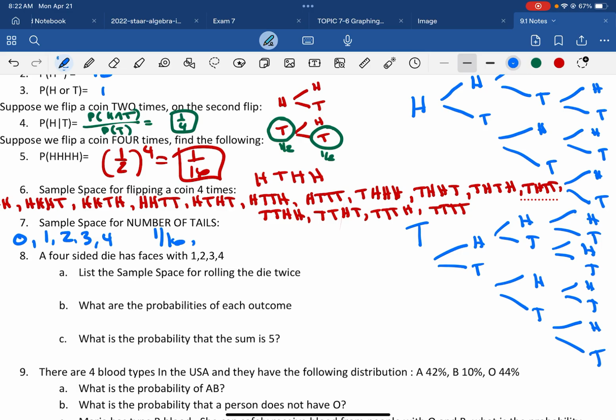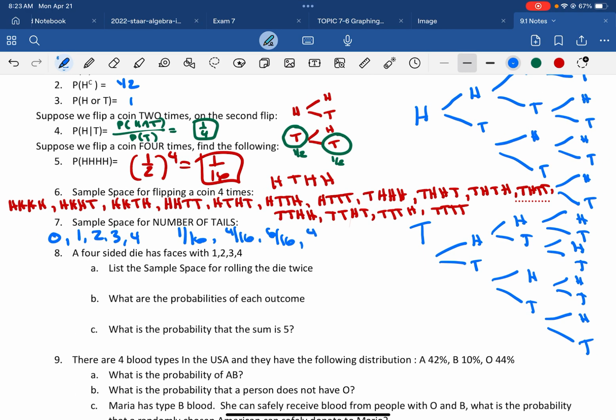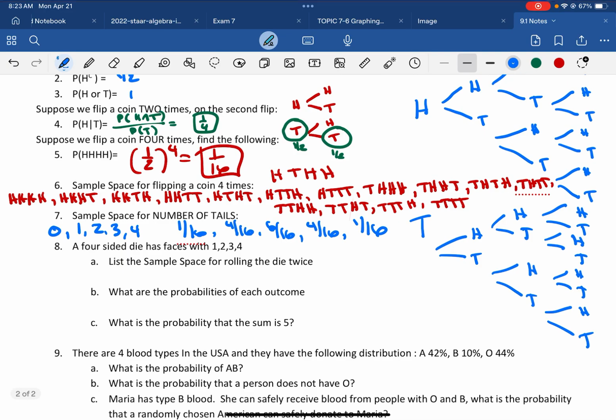One tail happened 4 times out of 16. Two tails happened 6 times out of 16. 3 tails happened 4 out of 16. And finally, all 4 tails happened 1 out of 16. If you're asked for the sample space for a specific event, those are all the possibilities.